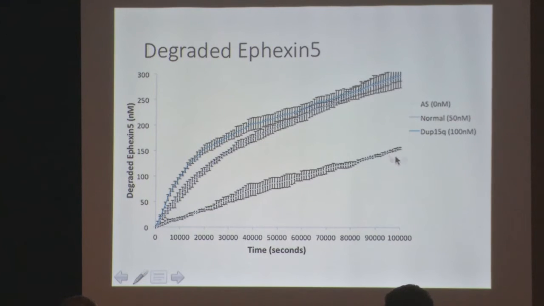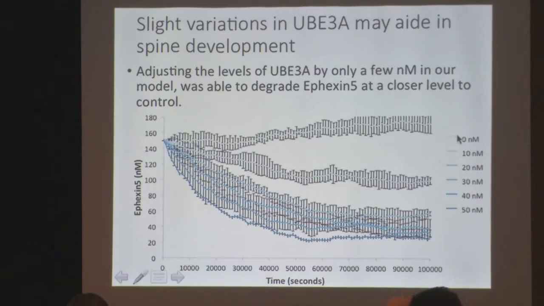In fact, the degraded affexin is sort of asymptoting to the same level in the presence of both 50 nanomolar and 100 nanomolar UBE3A. Slight variations in UBE3A may aid in spine development.